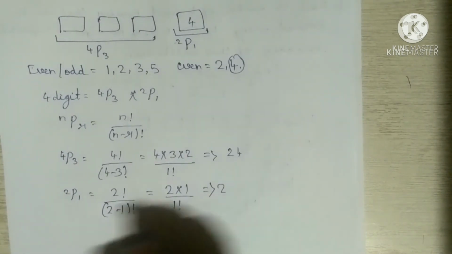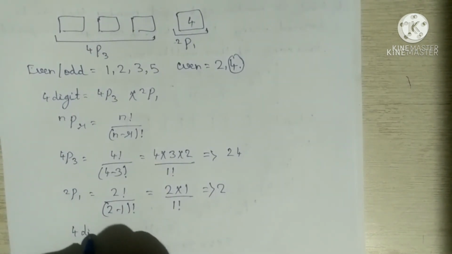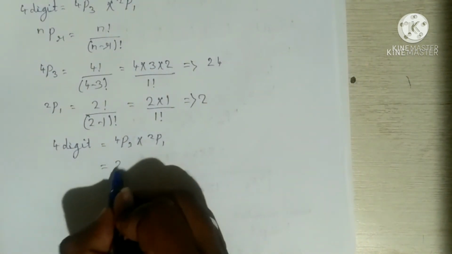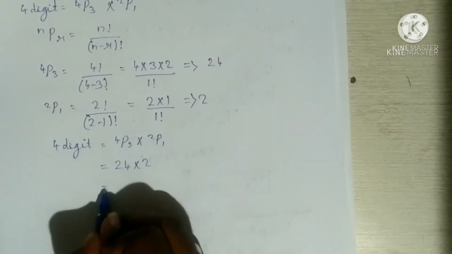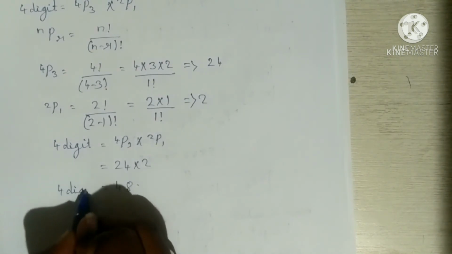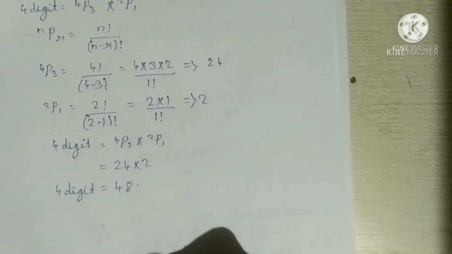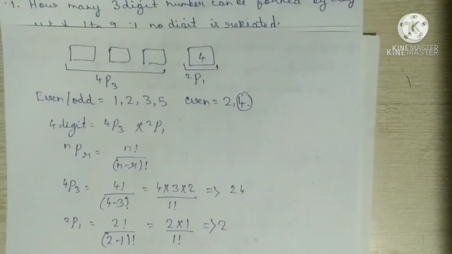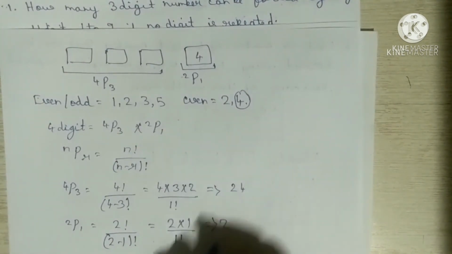The 4-digit number count is 4P3 into 2P1, which is 24 into 2, nothing but 48. This is where digits are not repeated.